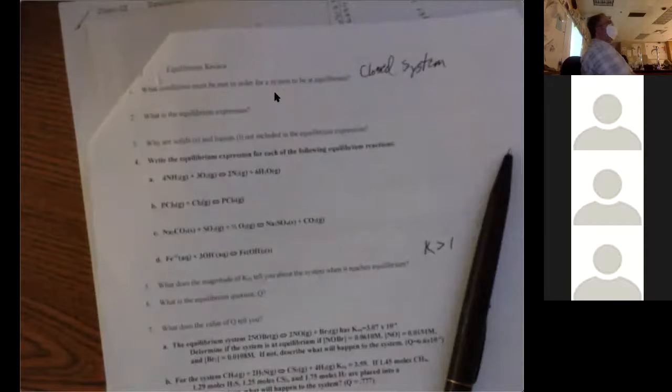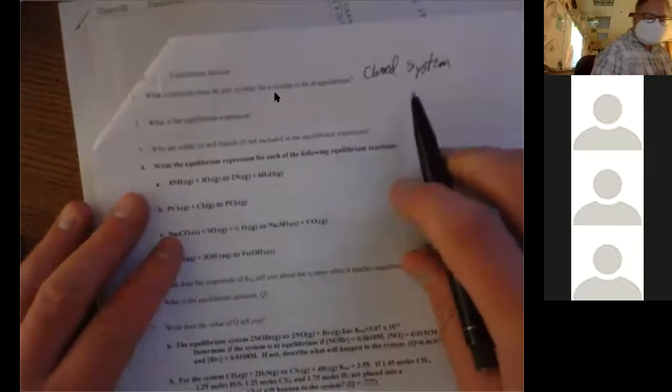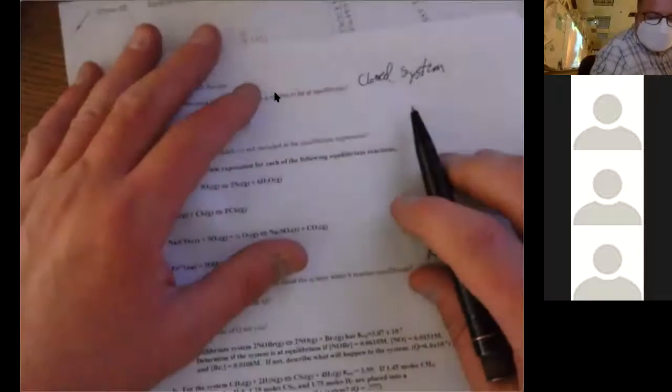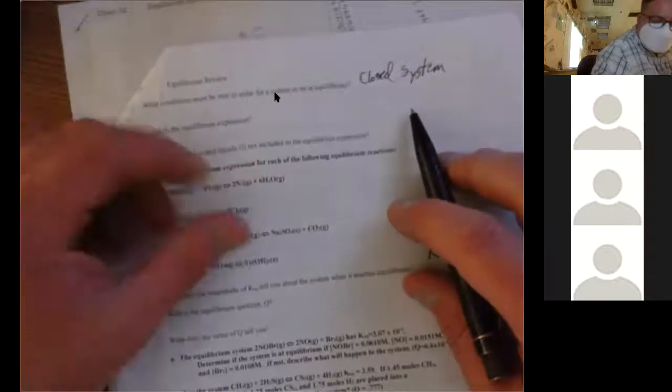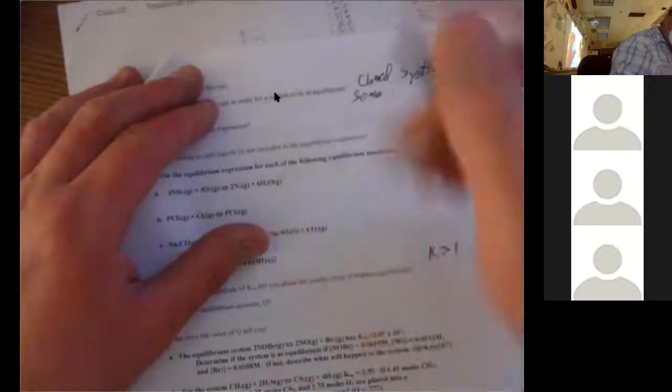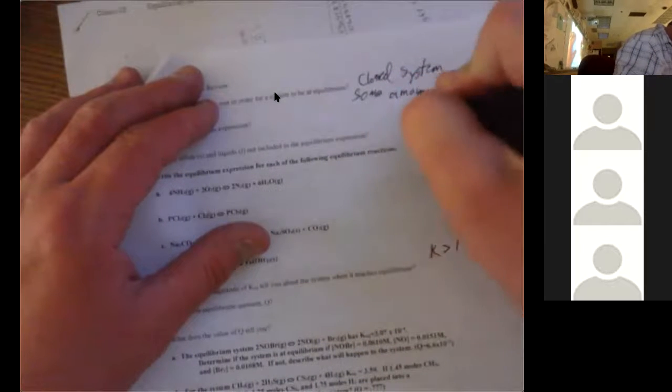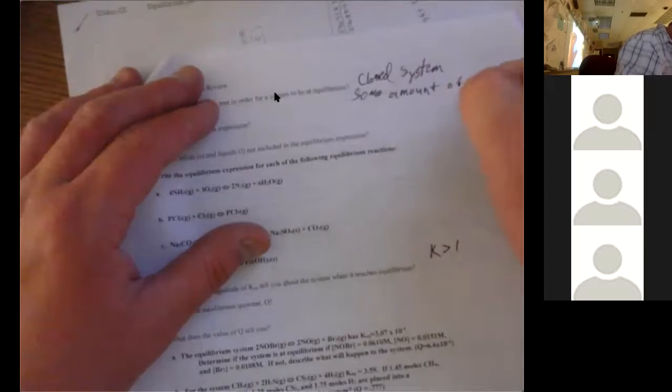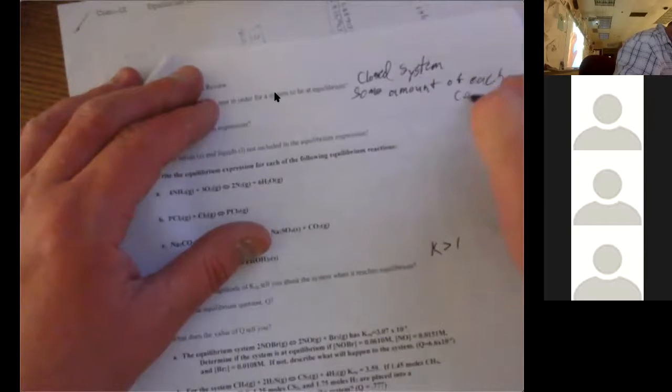An open system would have both the system and the surroundings in it. A closed system, we would be looking at just the system. We would not be concerned with the surroundings. Closed system, no observable changes is another way you could say that. And you must have some amount of each product and reactant. Let's just call it each component.